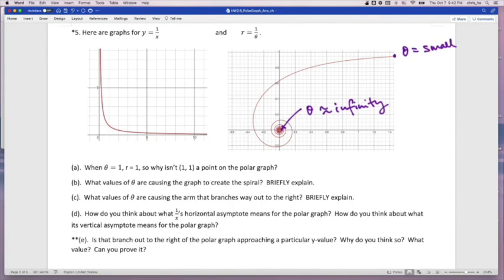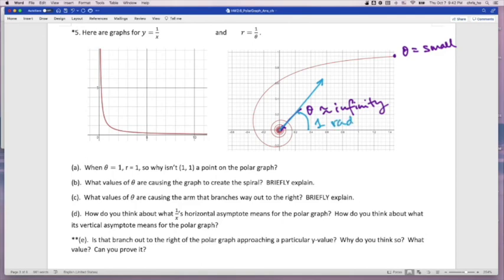All right, so let's answer the first question. When theta is equal to 1, r is equal to 1. That is true. So why isn't (1, 1) a point on the polar graph? Well, simple, because when theta is equal to 1, that means it is at an angle of roughly 1/3 of a pi. If I'm going to use my blue to indicate the angle vector, this is roughly 1 radian.